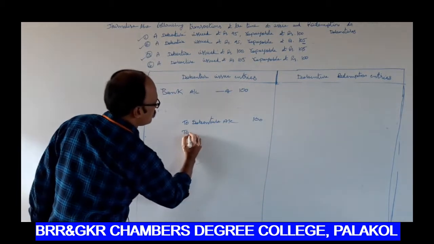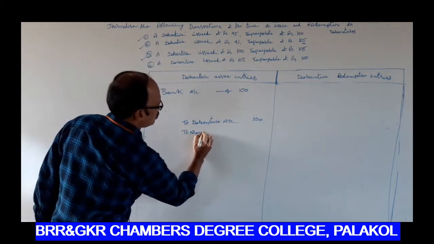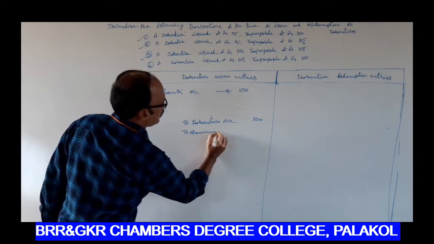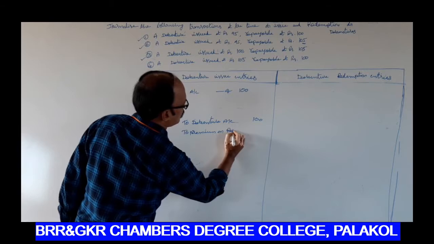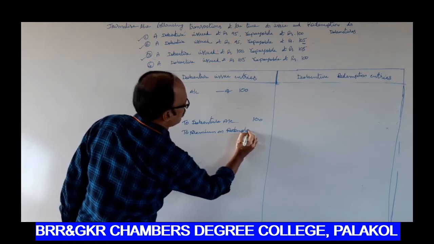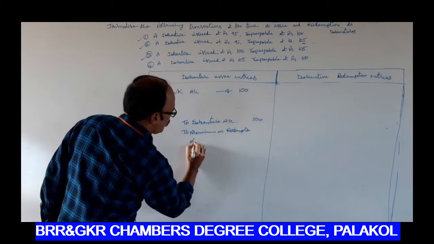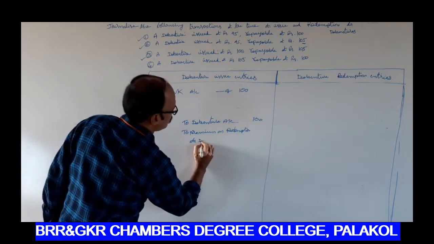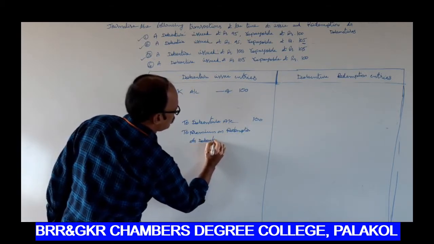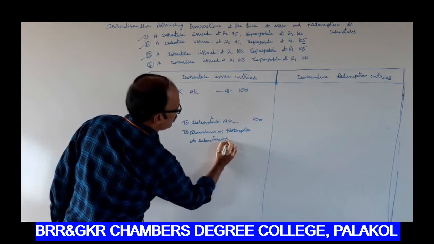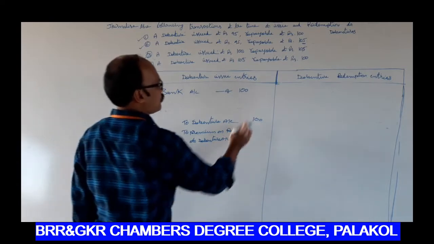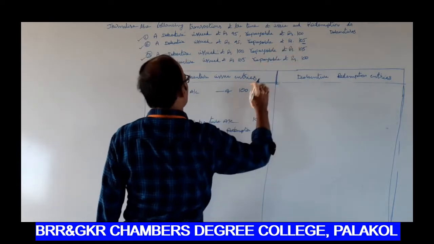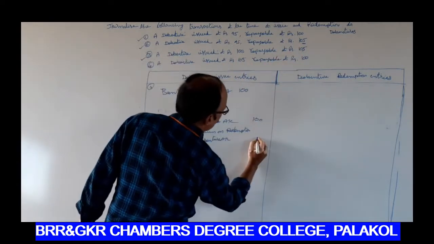So to premium on redemption of debenture account. How much amount paid extra? 5 rupees. 5.